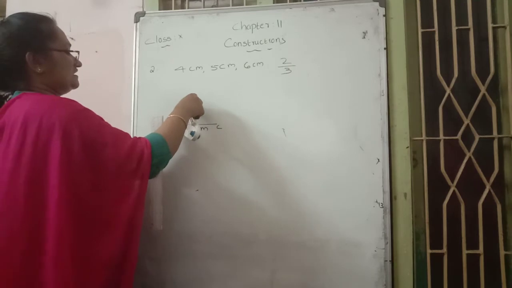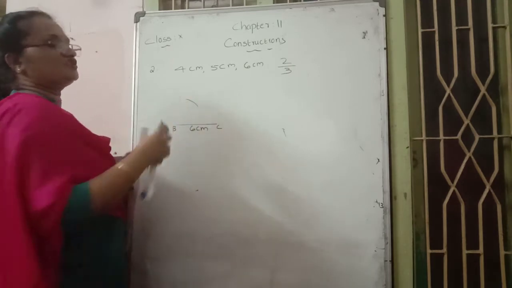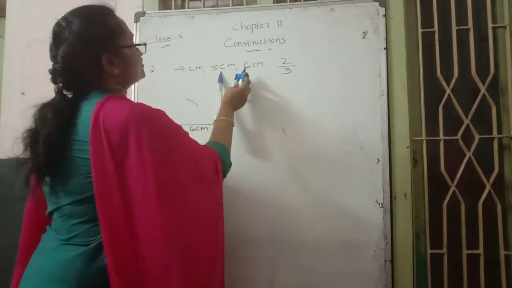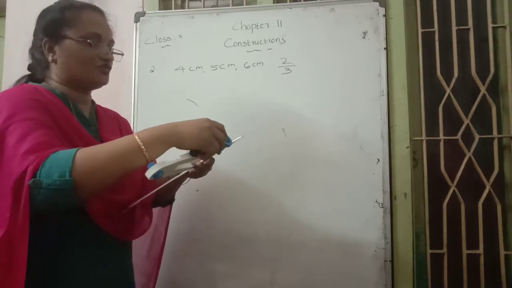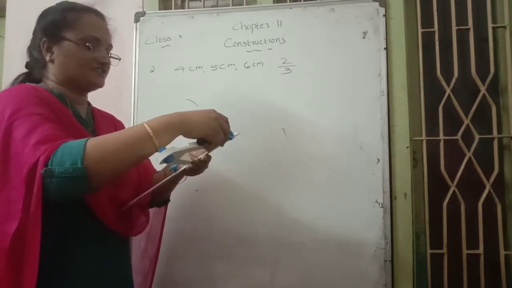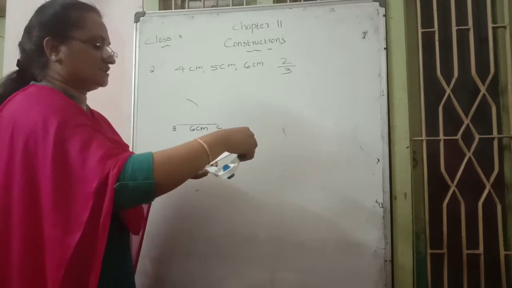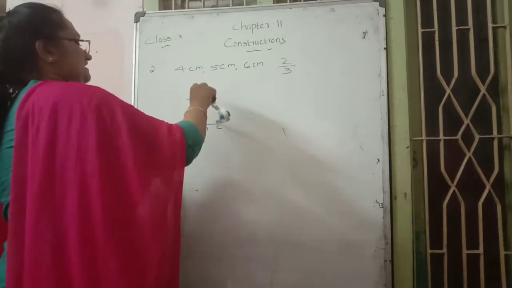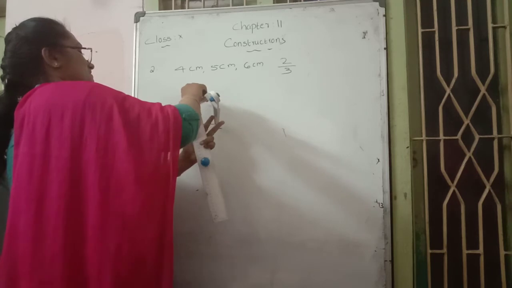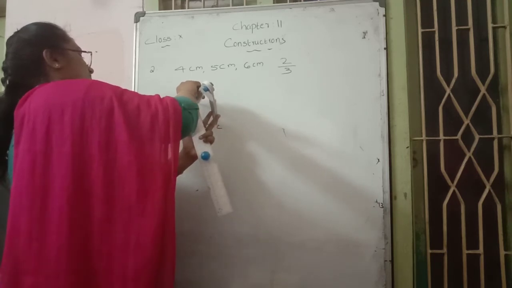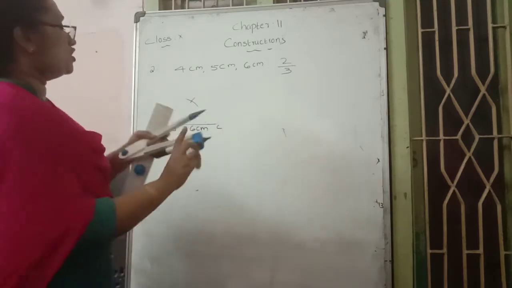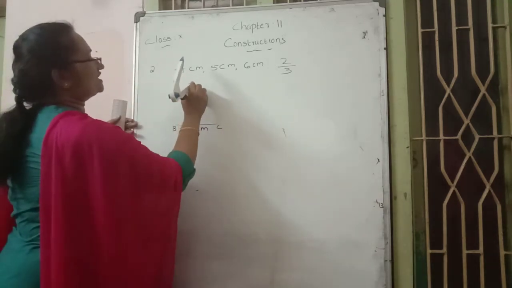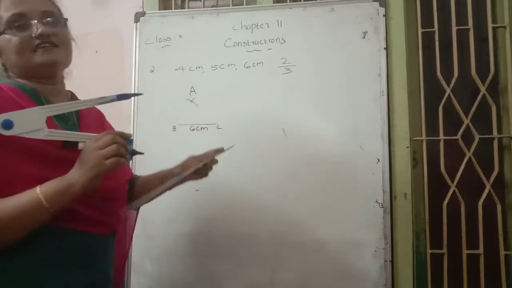With B as center, draw an arc of 4 centimeter. The next measurement is 5 centimeter. Take 0 to 5 centimeter distance. Then with C as center, draw a second arc. Both arcs intersect at our required point A.